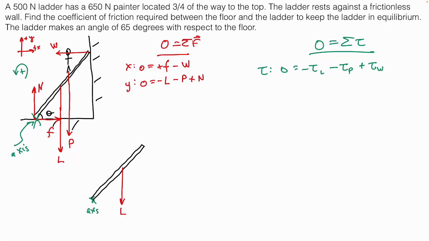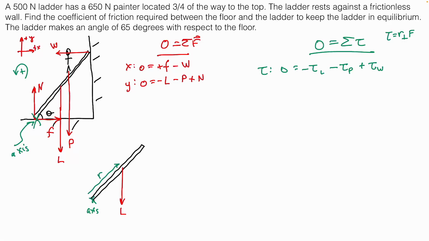Where's R? In that statement where we write a torque as R perpendicular to F, where's R? It starts at the axis and goes to where the force is acting. So I'm going to draw R like that. Technically it's a vector, and you'll use that more in 4B and 4C.